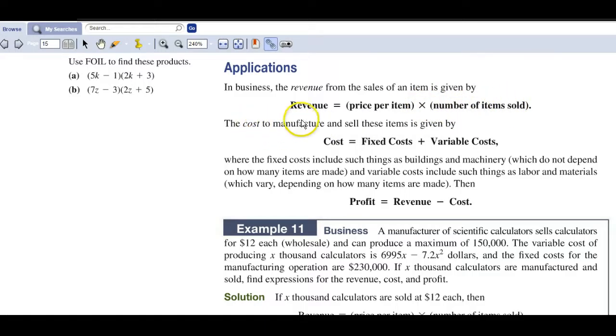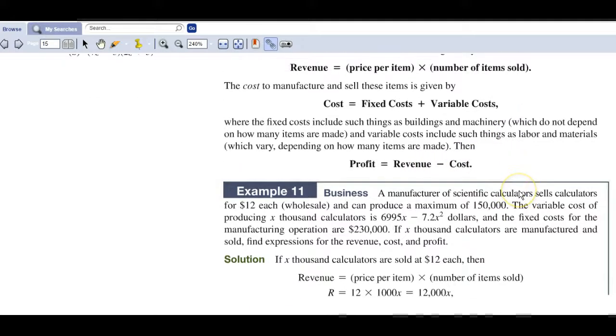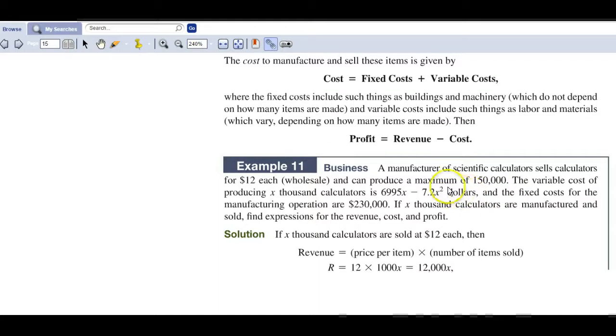The cost to manufacture and sell these items is given by the cost is equal to the fixed cost, and they define that down here, and the variable cost. And then we have profit is equal to revenue minus the cost.